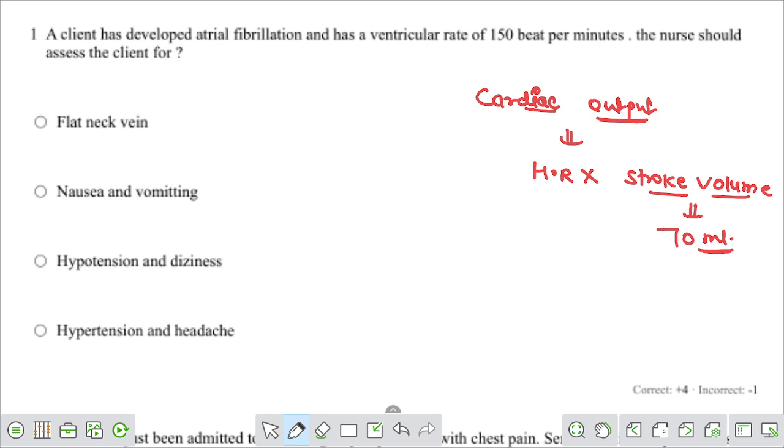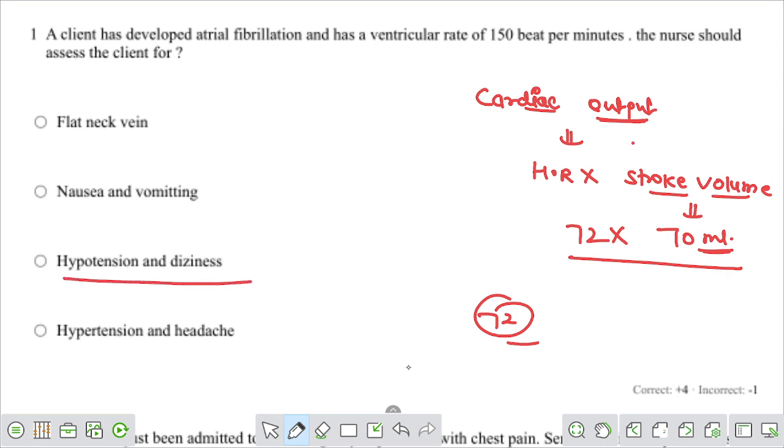In 1 minute, your heart contracts 60 to 100 times, which is your normal heart rate, and the average normal heart rate is 72. You multiply this with the stroke volume and you calculate your cardiac output. So here the right answer is hypotension and dizziness.